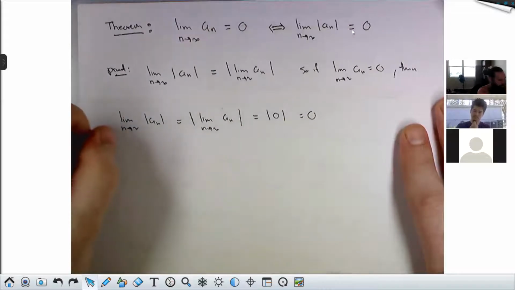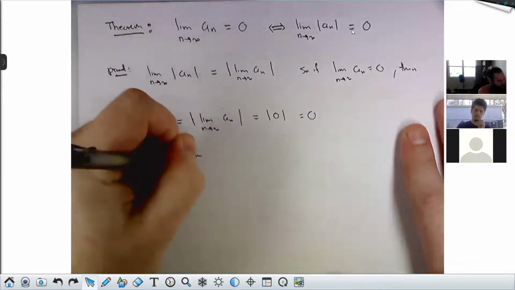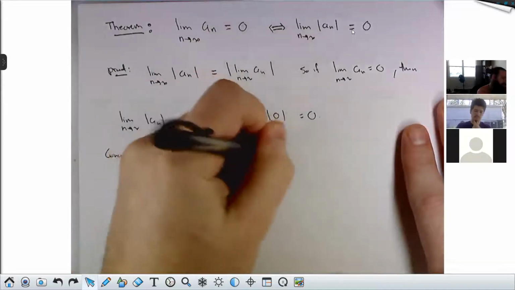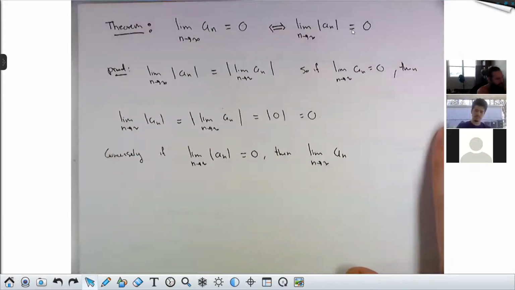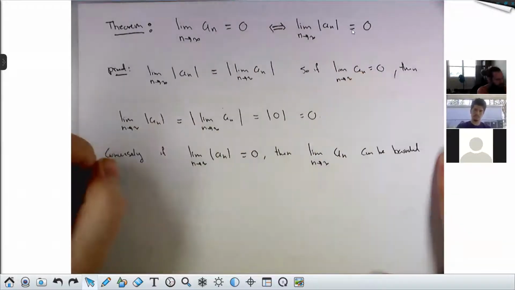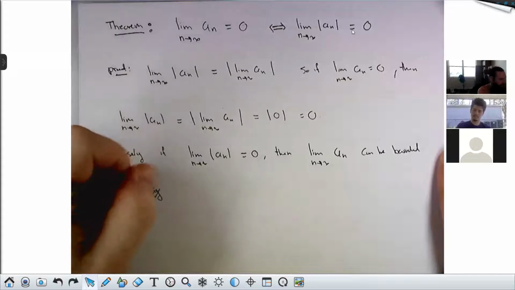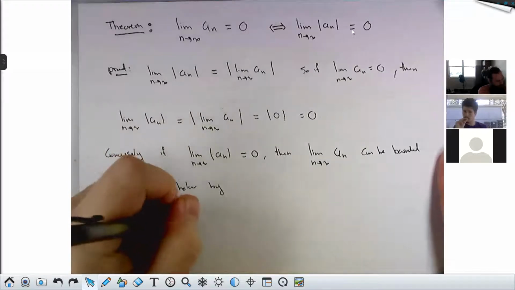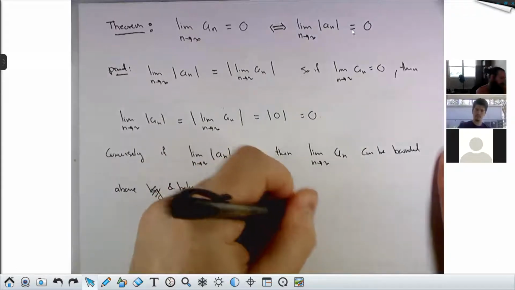And conversely, if the limit as n goes to infinity of the absolute value of a_n equals 0, then a_n can be bounded above and below by negative abs a_n less than or equal to a_n less than or equal to positive abs a_n.